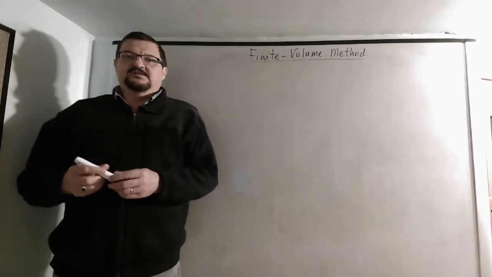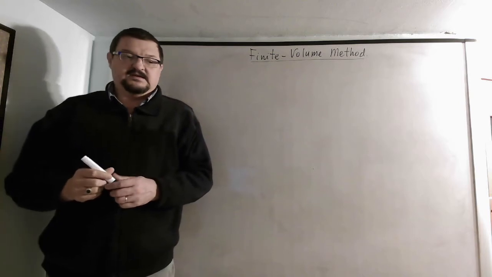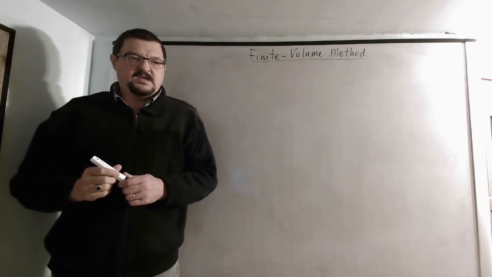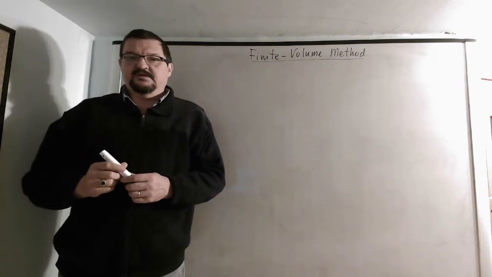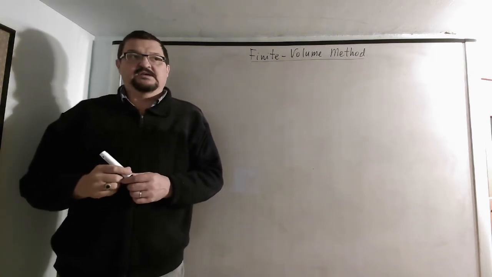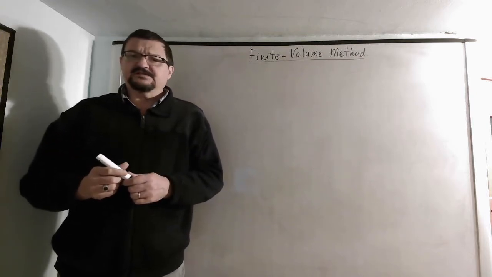Okay, so now let's consider the two-dimensional case, which is much more interesting than the one-dimensional case. For that, we need to be able to write our equations in the two-dimensional flux form.